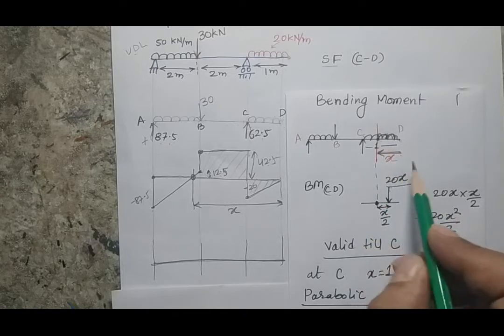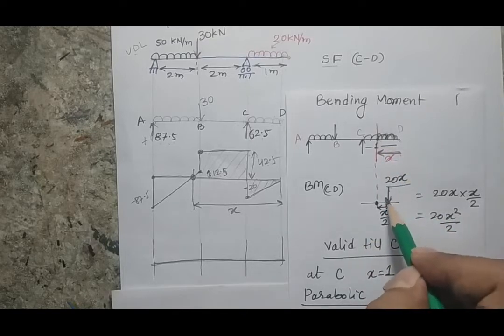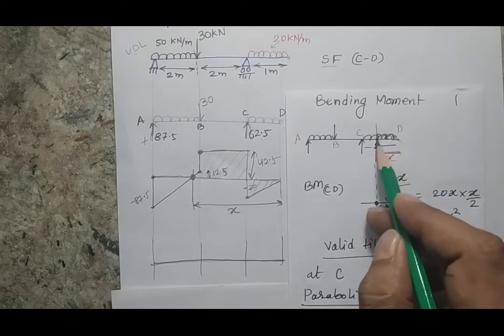This is the length x, so my force will be assumed to act at x by 2 from this point.